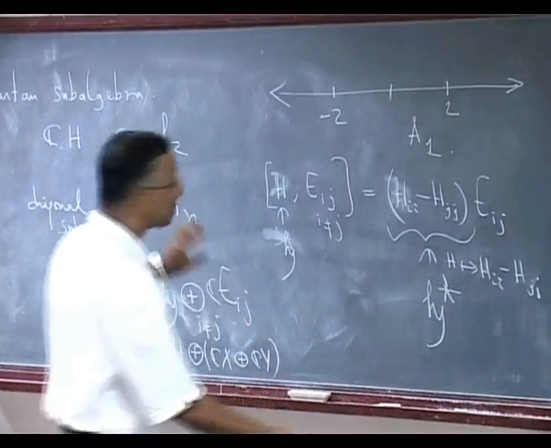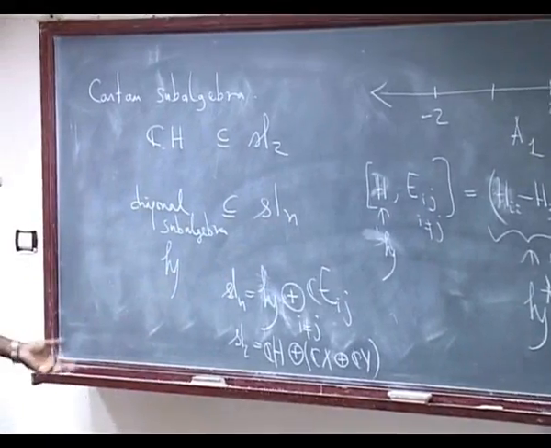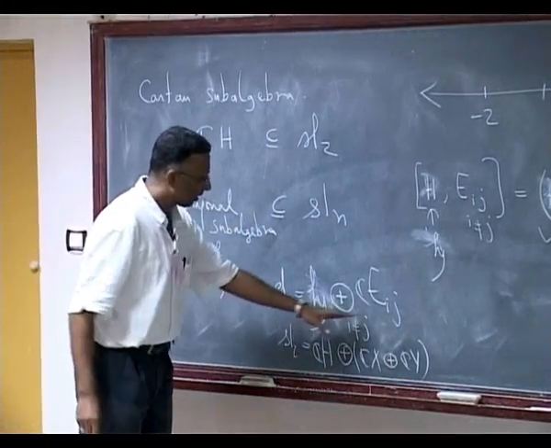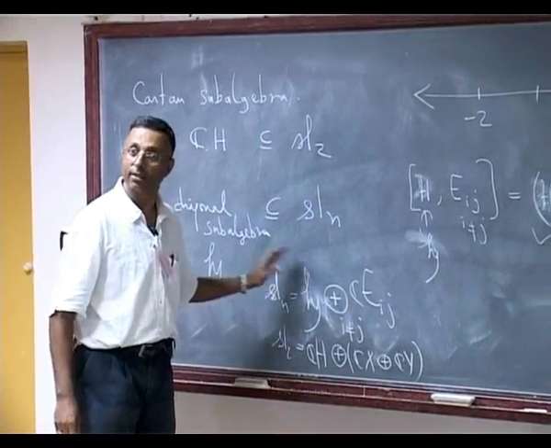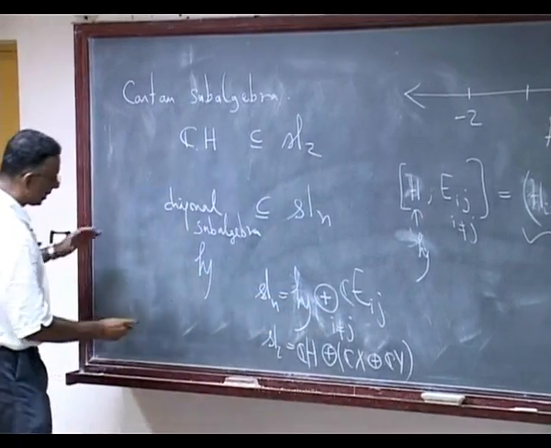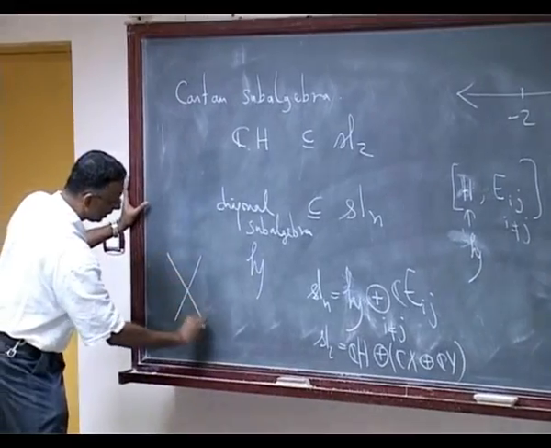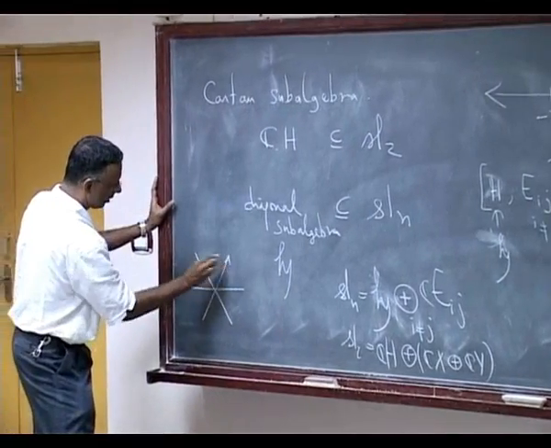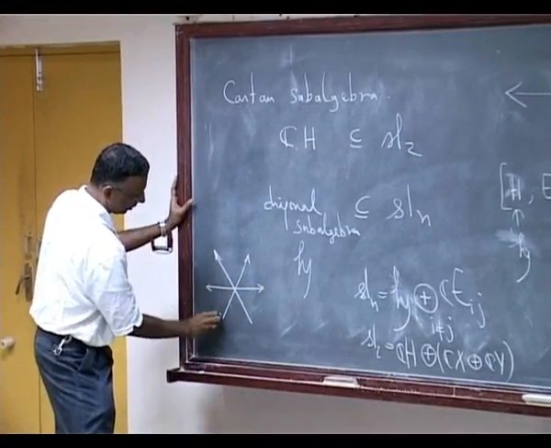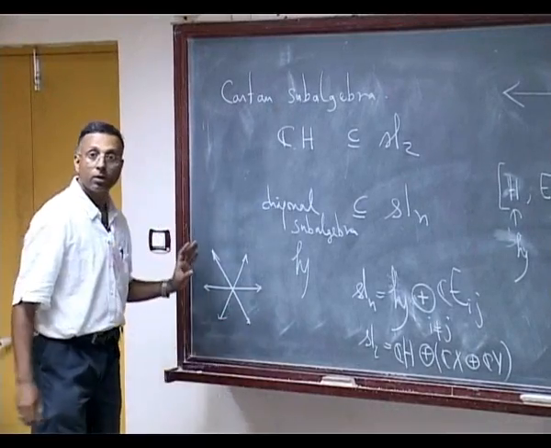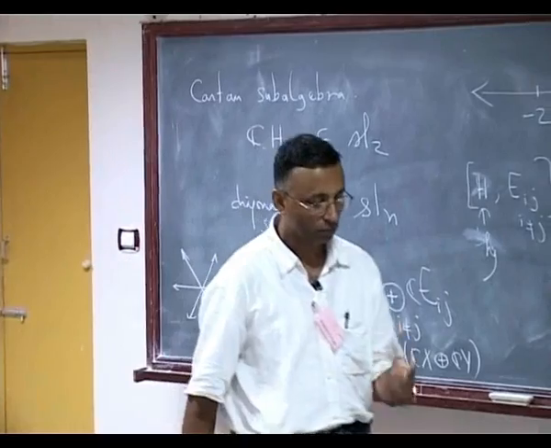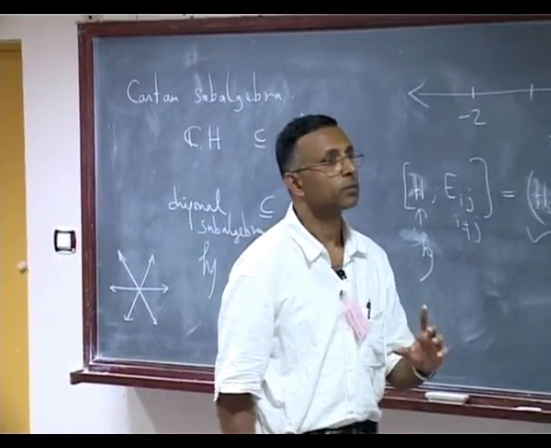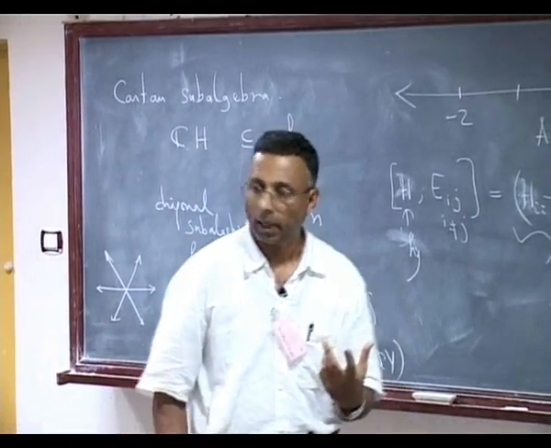Okay? Now that happens very generally, and I urge you to draw the root system for SL3 using this and see that actually it is the picture that was drawn earlier.